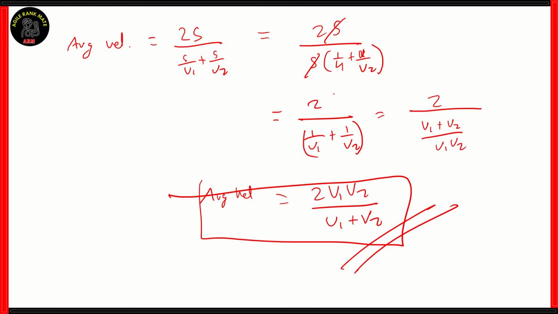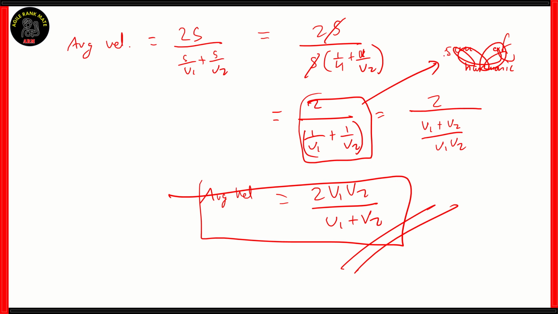Now remember, over here, in this particular step, we can recognize that the average velocity is basically not the sum, it's what we call a harmonic mean.